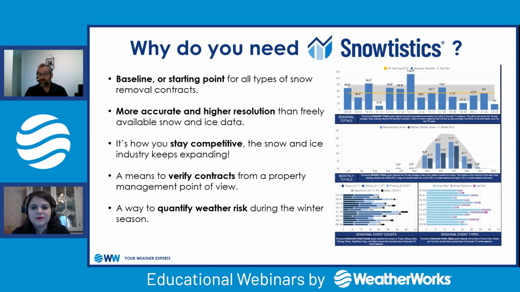It helps you stay competitive. We know the snow and ice market continues to expand. If you've gone to the SIMA symposium, you know that show has expanded over the last 26 years greatly. So you want to stay competitive, but on the property management side, you want to also verify these contracts, making sure they're fairly priced. And even on the weather risk side, you want to quantify your risk during the winter season for some of the risk managers out there.